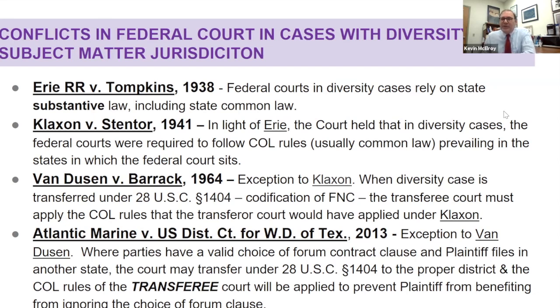The Pennsylvania court will now apply the New York choice of law rules to determine which state's substantive laws will be applied. Now, just a quick thing, this falls more into civ pro, but very quickly, federal courts can only transfer to other federal courts. And we're going to see that come up in a little bit, okay, where that might matter. Matter of fact, we're going to see it right away.